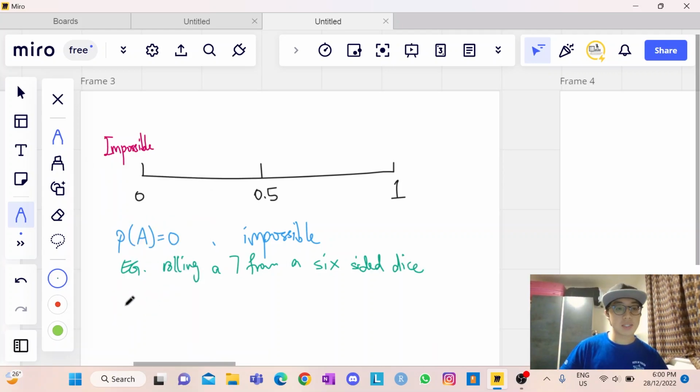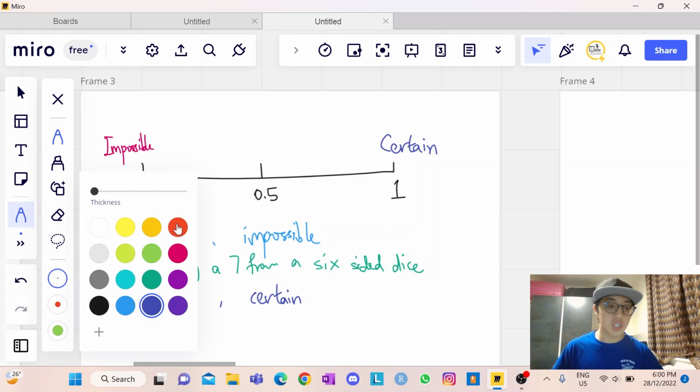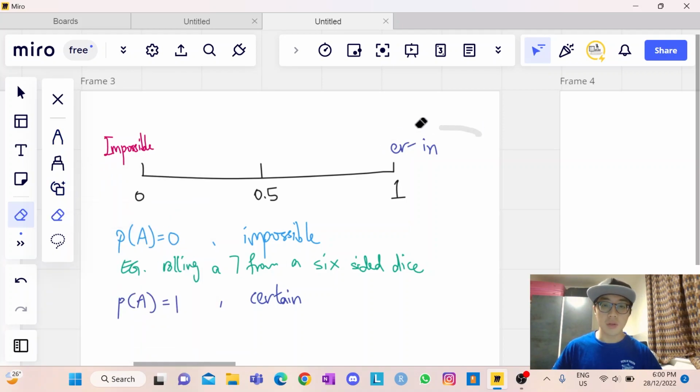However, if the probability of A is equal to 1, that means it is certain that it will happen. So it's definitely going to happen. What is an example of something certain to happen?